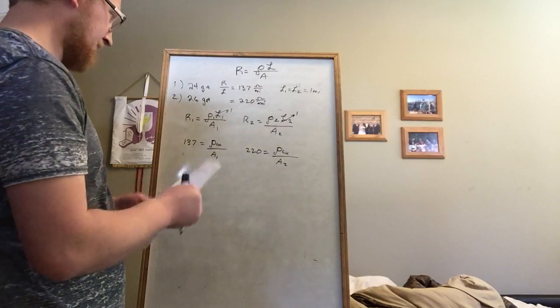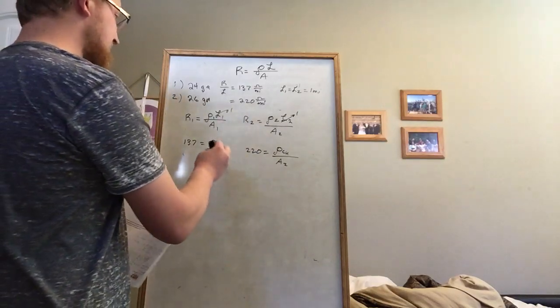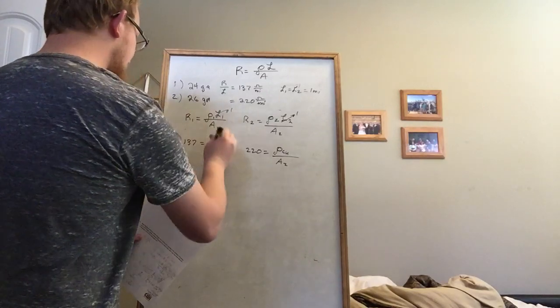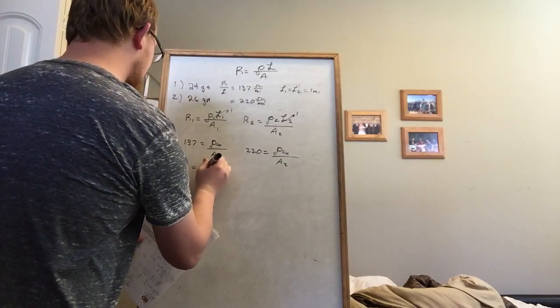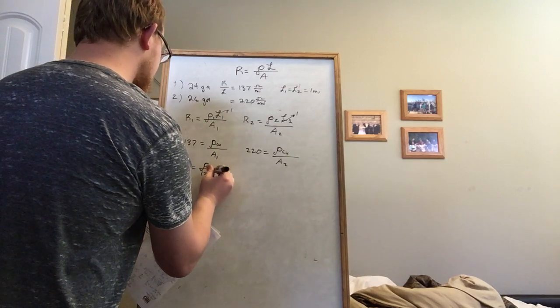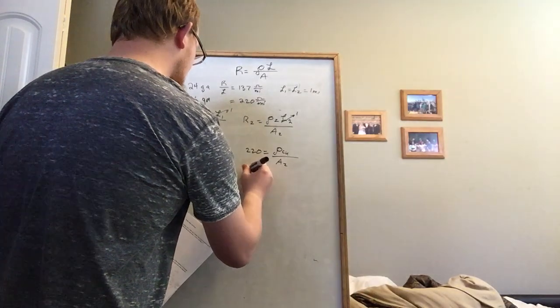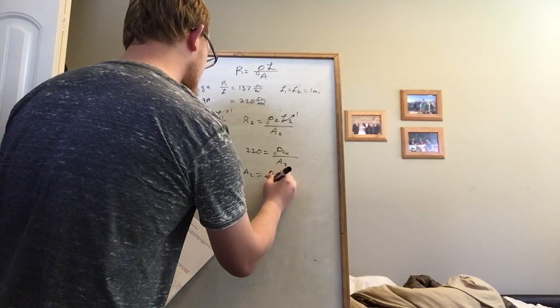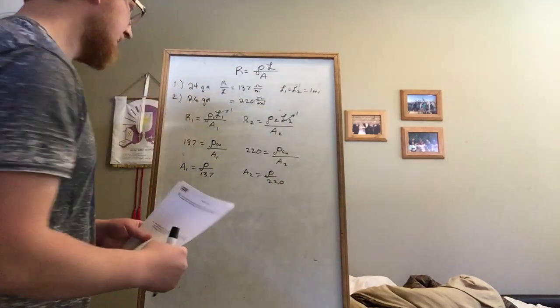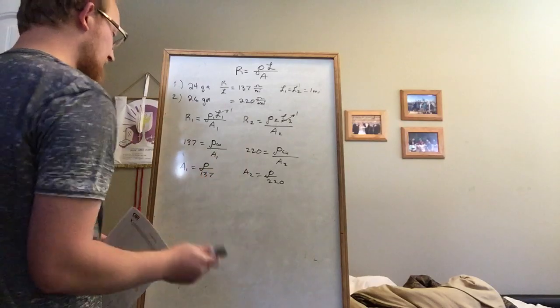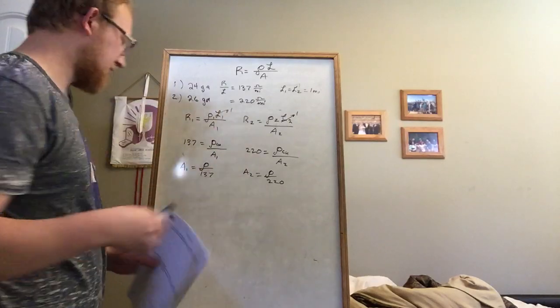So what I'm going to do is solve for area on both of these. If I multiply A1 over and divide by 137, I'll end up with A1 equal to rho over 137. And likewise, A2 is equal to rho over 220. Now, the commonality here is that both A1 and A2 are circular cross-sections.